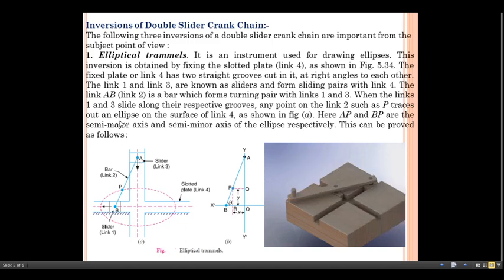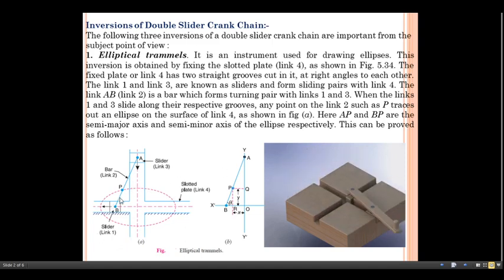When links 1 and 3 slide along their respective grooves, any point on link number 2, such as this point P, traces out an ellipse on the surface of link 4. That will be more clear to you here.